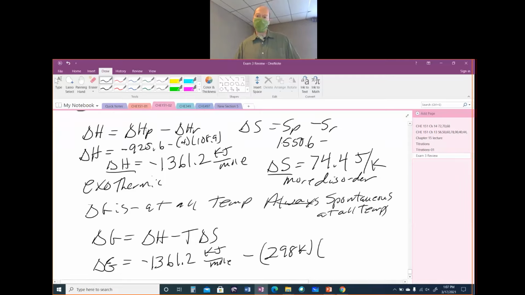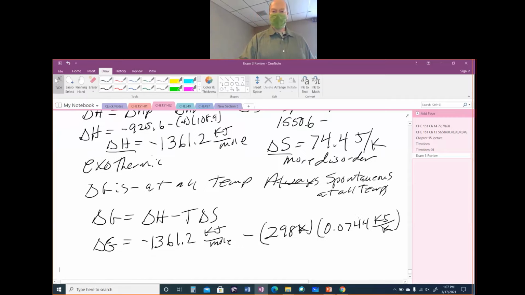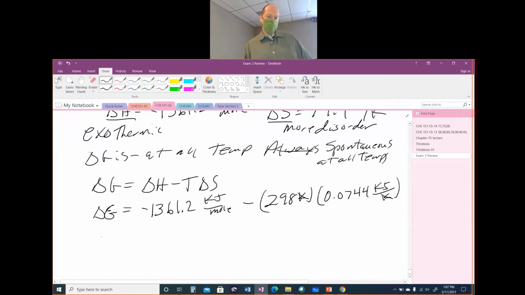And we have to convert that into kilojoules, and that is 0.0744 kilojoules per Kelvin. And so now the Kelvins cancel, and you have a negative, and this is going to make it even more negative. And so they both give a negative to the delta G, so a negative, and then more negative definitely is going to be negative.